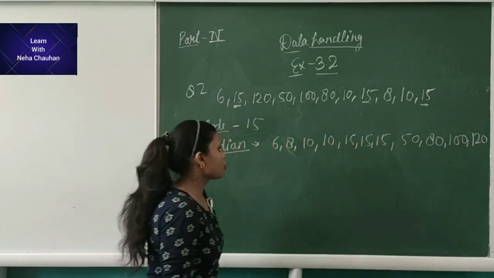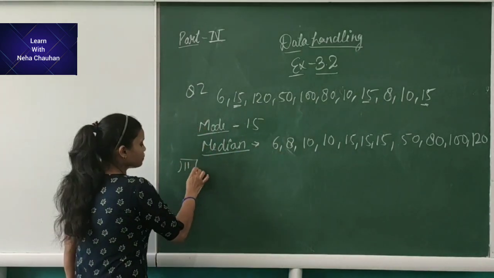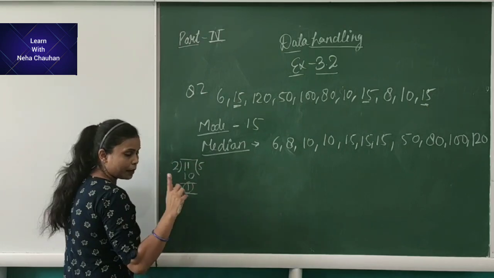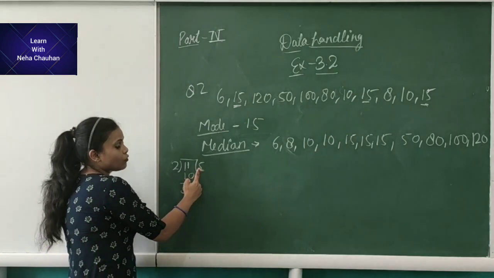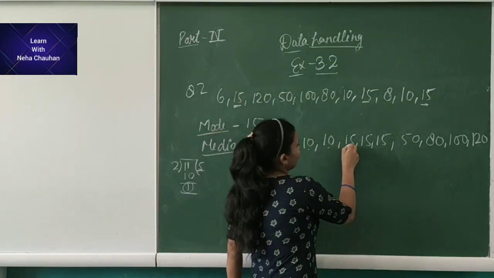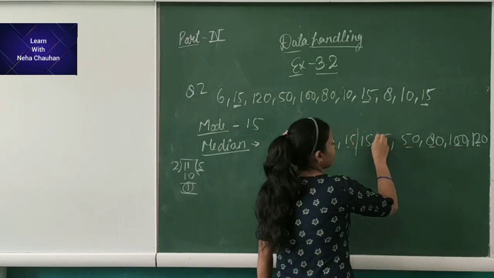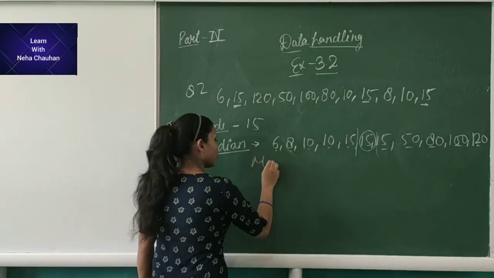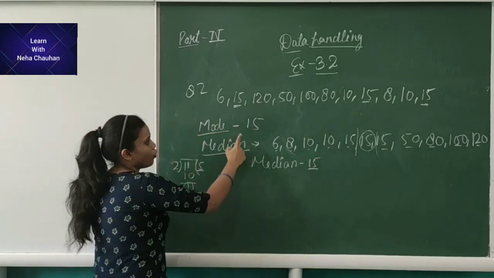So we have 11 observations. We divide 11 by 2: 5 twos are 10, and we get remainder 1. So we leave 5 numbers from the left and 5 from the right. The median for this data is 15.